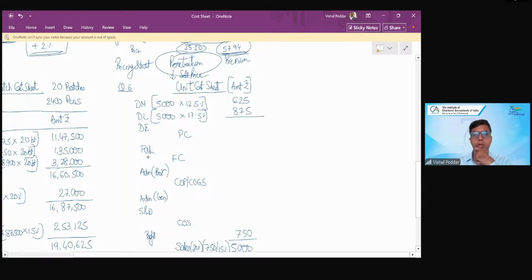And Manivanan has already given me the prime cost, which is 1625. Is it 1625? What is this, beta? One second. Direct expense is not given. According to me, this is 1500. What is 750, beta?